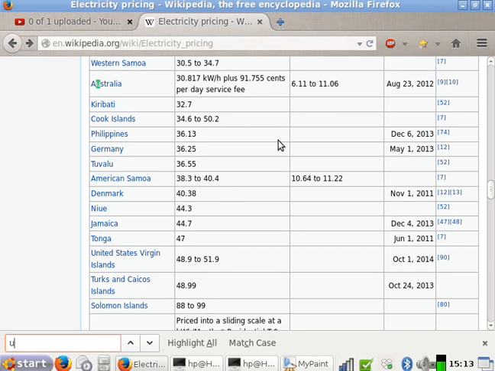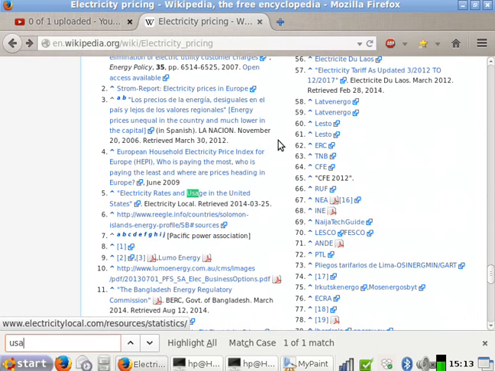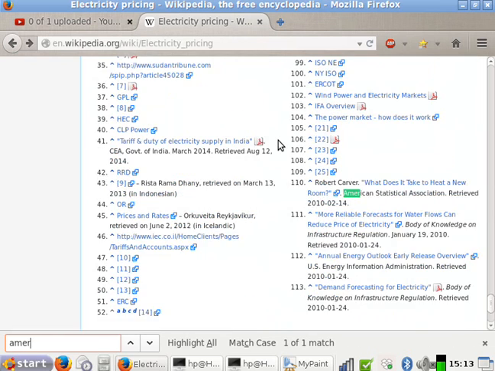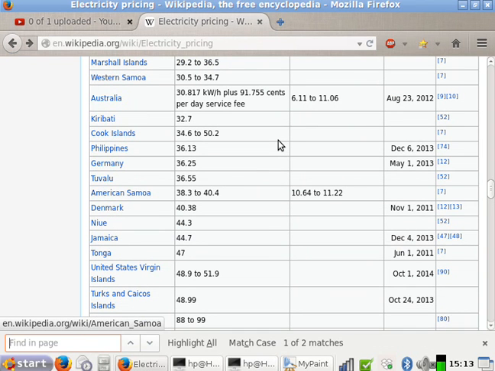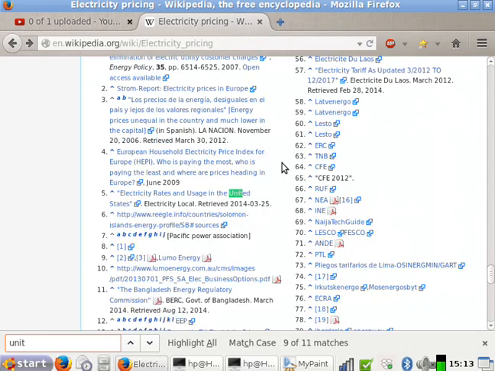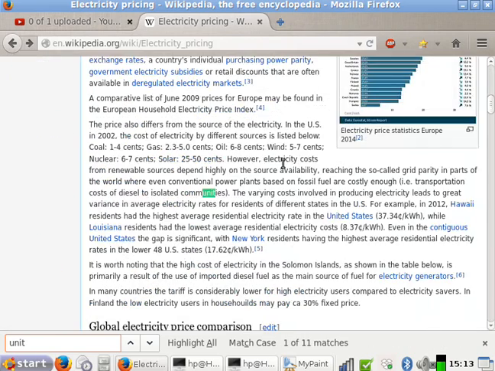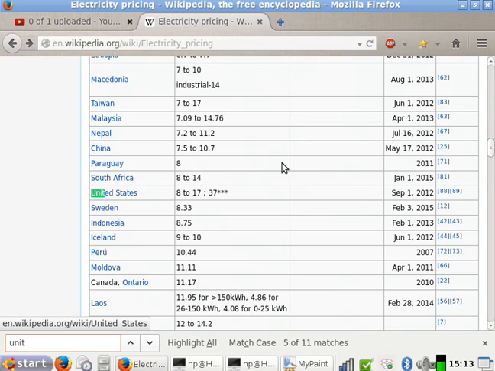America itself. USA should be cheap. United States. Yeah, it's pretty cheap. 8 to 17 cent. It's going to be different for each part of the state, though.